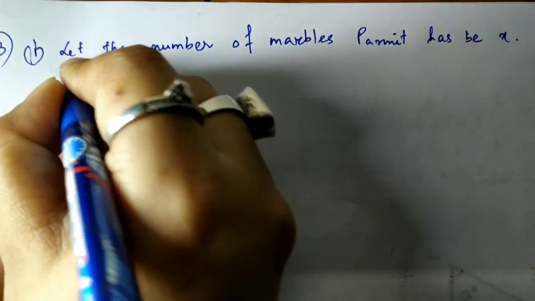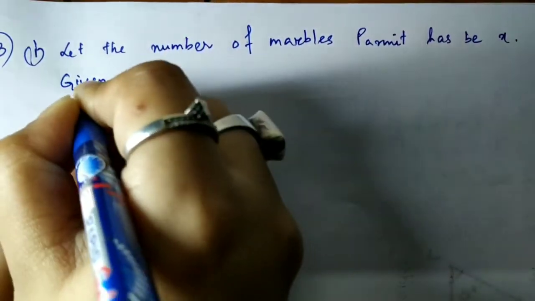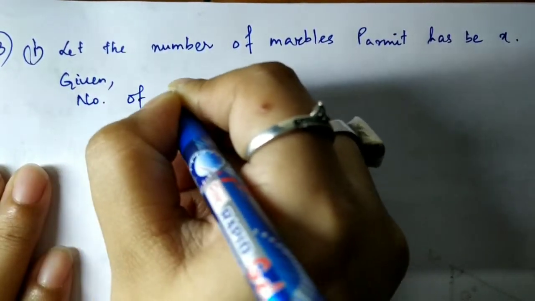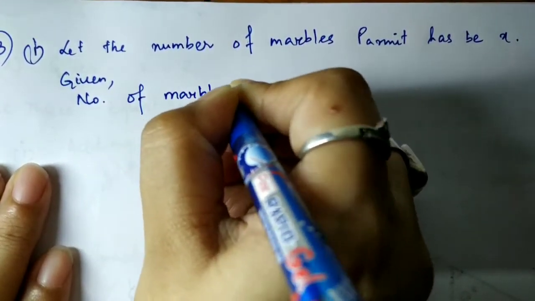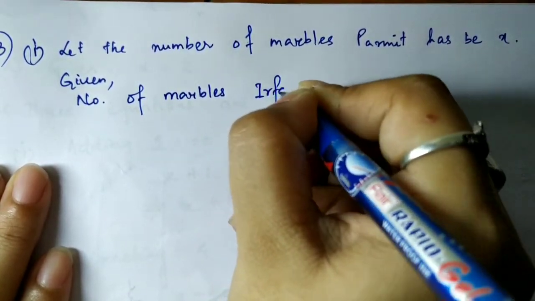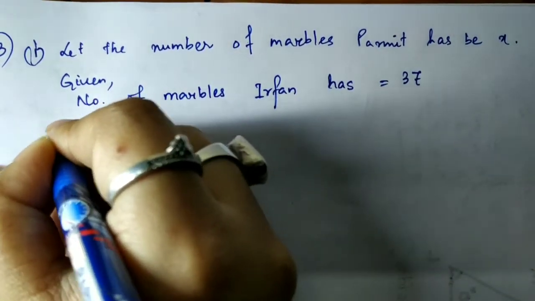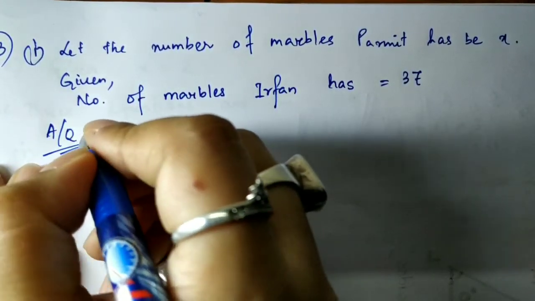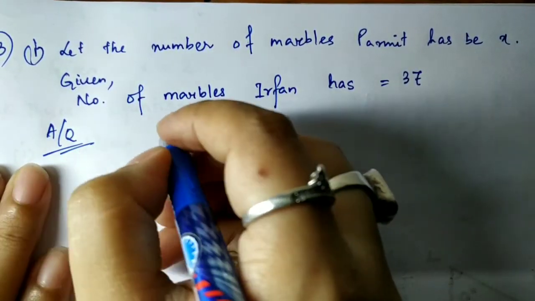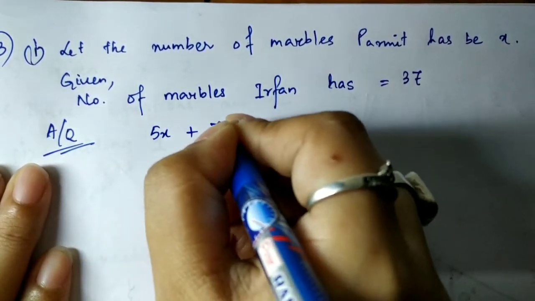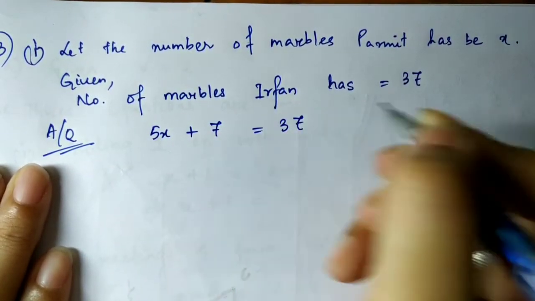Now what is given? Given, the number of marbles Irfan has is equal to 37. According to the question, it is 7 more than 5 times the number. So this is my equation.